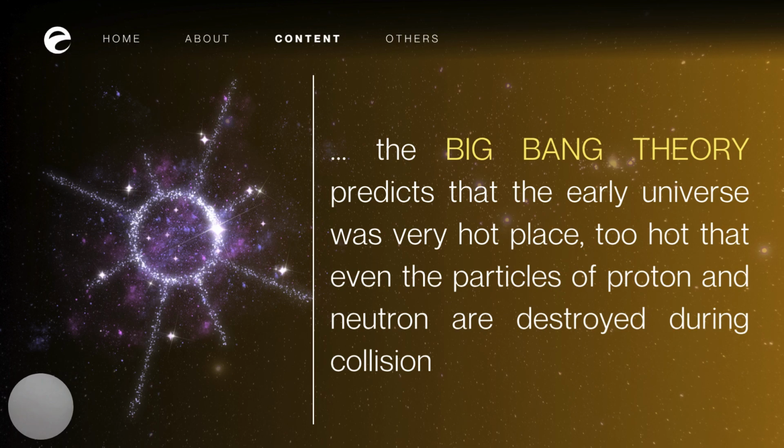The very earliest universe was extremely hot, so hot that even the particles of proton and neutron were destroyed during collision. If it was that hot, the protons and neutrons were destroyed during collision, which is when two particles combine or collide.